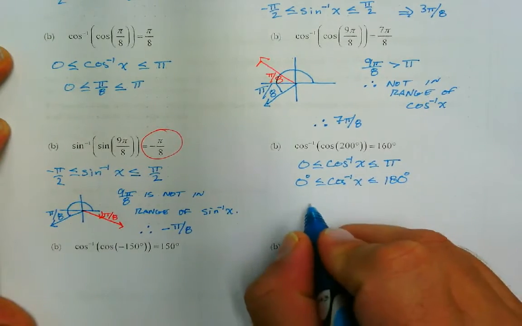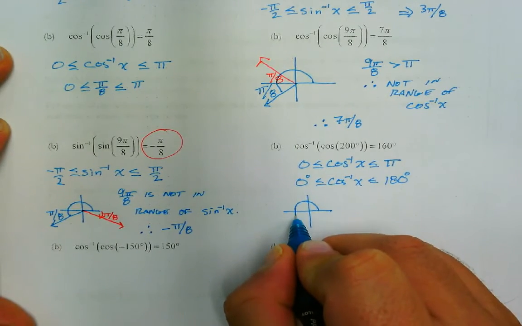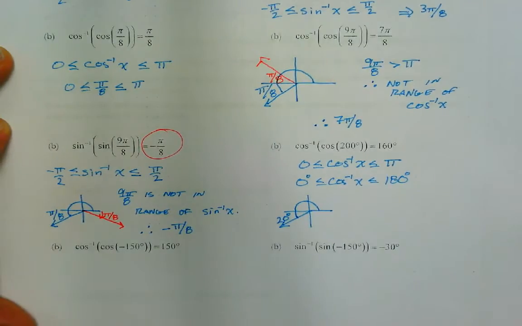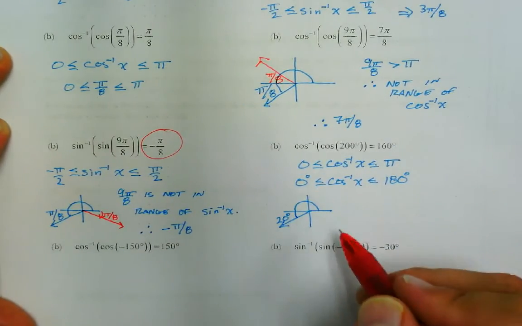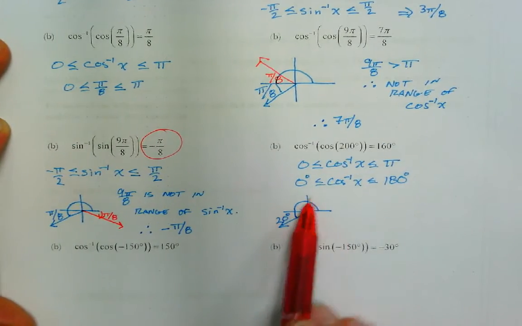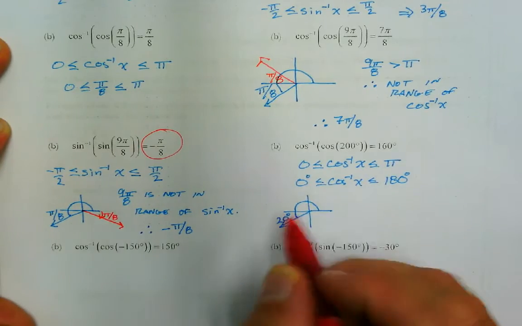So I have to consider where 200 degrees is. 200 degrees is over here with the reference angle of 20 degrees. So I have to consider some other angle measure that's going to have the same cosine ratio as 200.